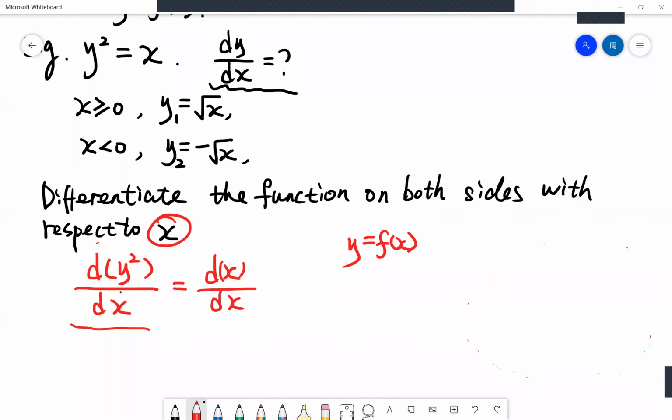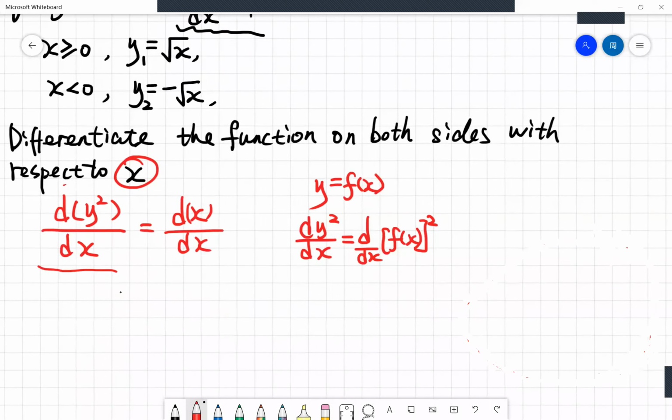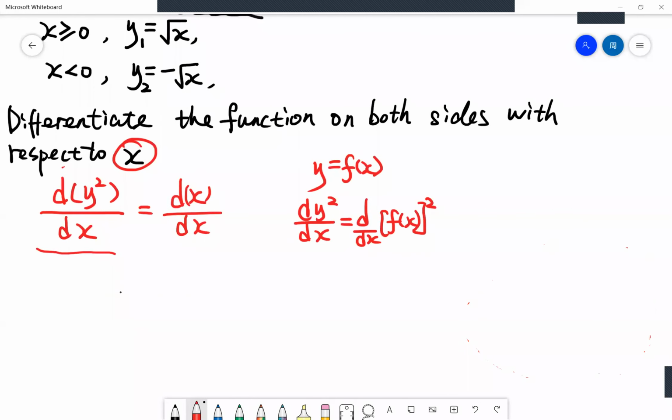So here dy squared by dx means d f of x squared, and you will see one thing: this part, f of x squared, is actually a composite function.